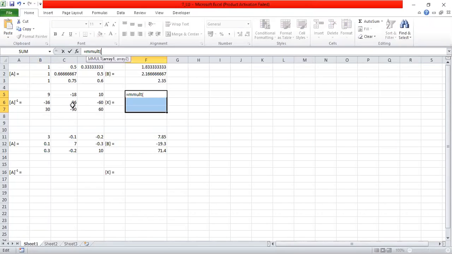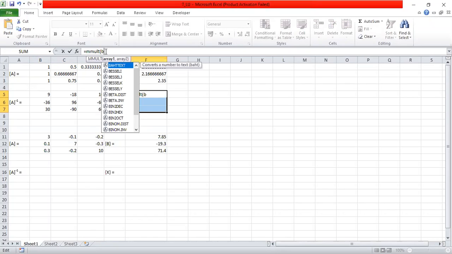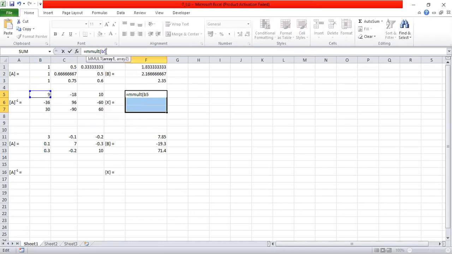So we are multiplying the inverse of A, which is from B5 to D7. You are multiplying it with this B matrix, and your B matrix is from F1 to F3. So this is your A inverse, and this is your B matrix.